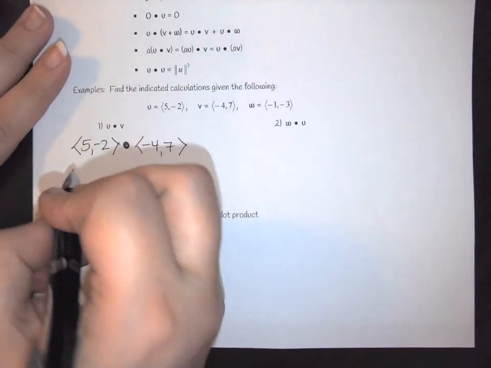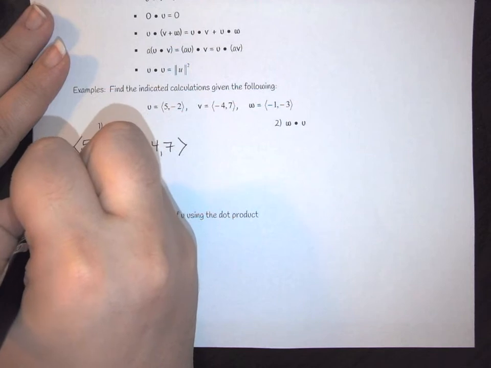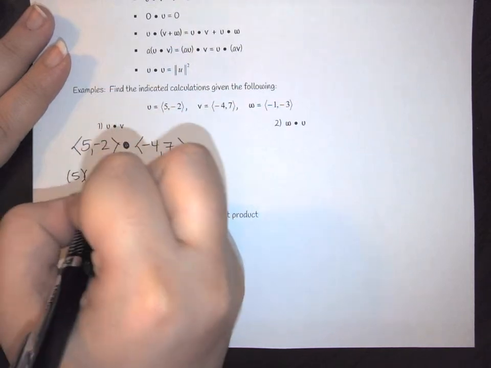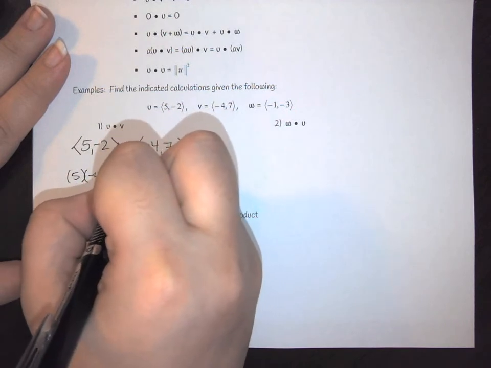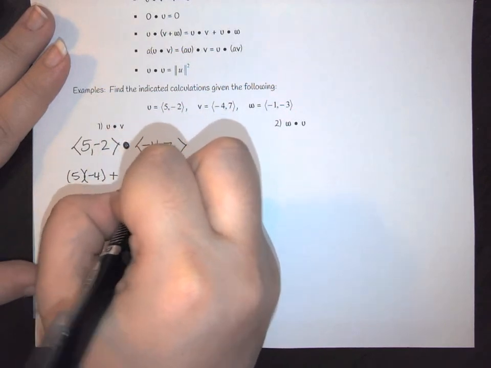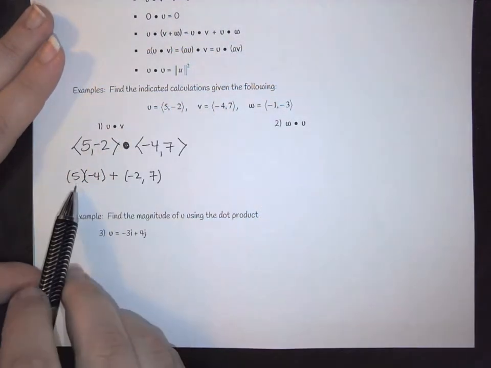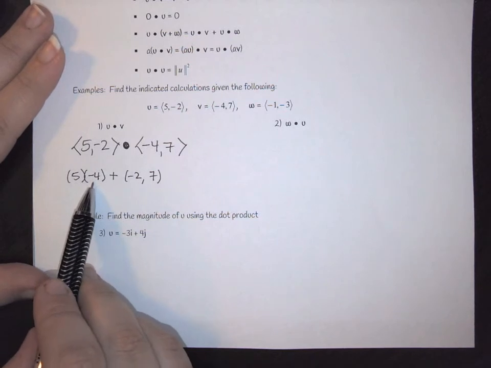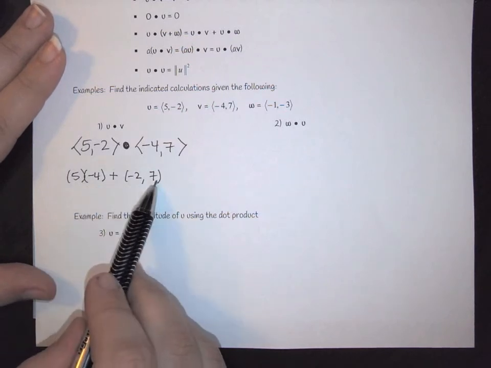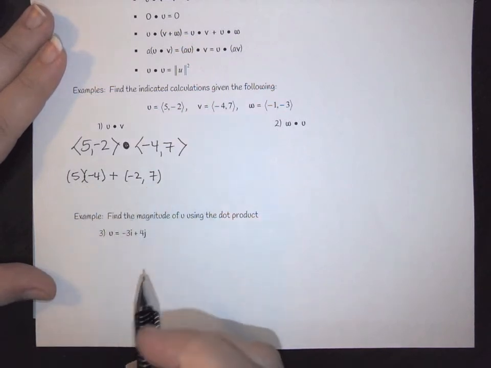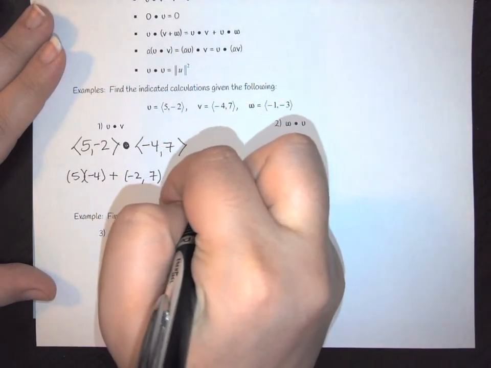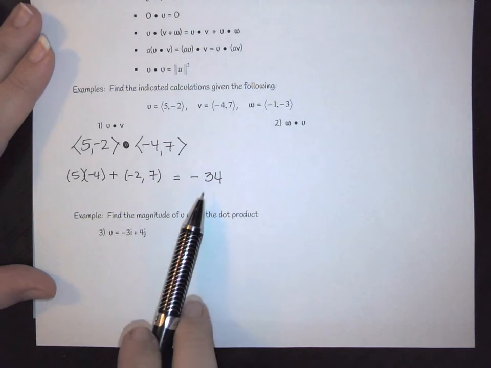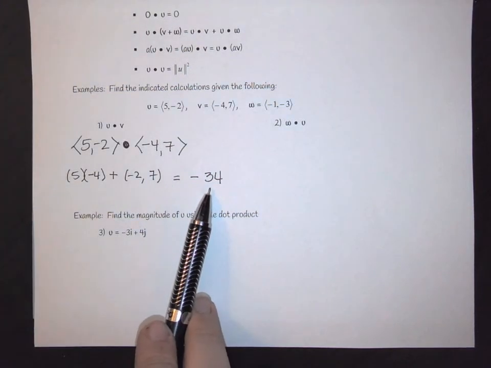This is going to end up being 5 times negative 4 plus negative 2 times 7. 5 times negative 4 is negative 20, negative 2 times 7 is negative 14. And so when you add those together, you get negative 34. So notice here the result that we get is an actual number instead of a vector.